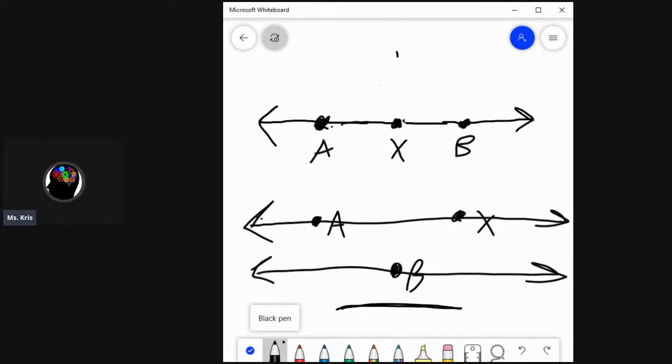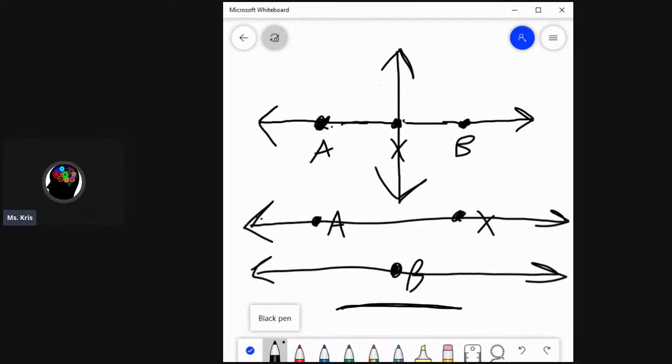And then, of course, I mentioned earlier about perpendicular lines, which is an intersection. An intersection is where two lines meet. Parallel, they never meet. Intersection, they do meet.